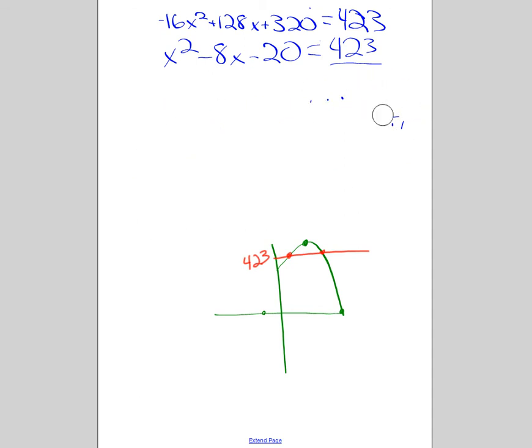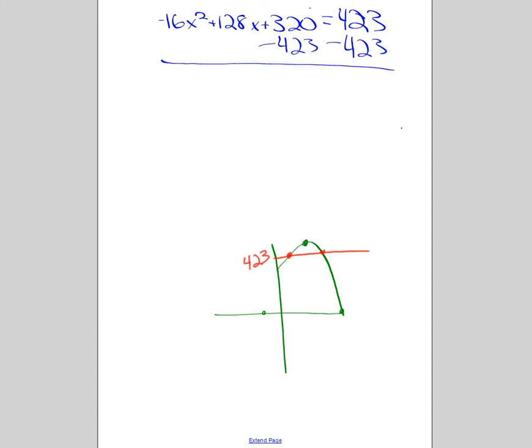So can we do the quadratic formula for that? Yes. Yay. All right, next step. We need to get... So we subtract, so we get negative 16.